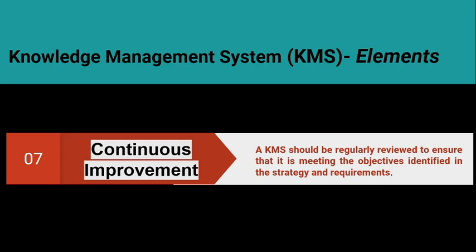Right? So a knowledge management system also should be regularly reviewed to ensure that it is meeting the objectives that have been identified in the strategy and the requirements of the organization. Right? So these are the 7 basic elements of a knowledge management system.